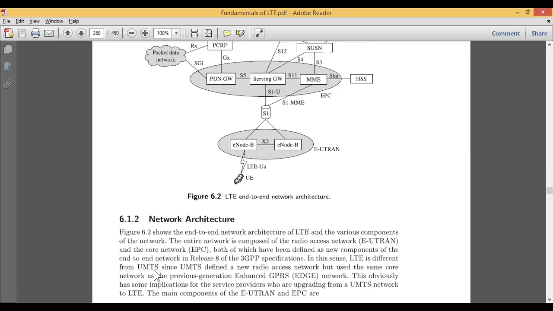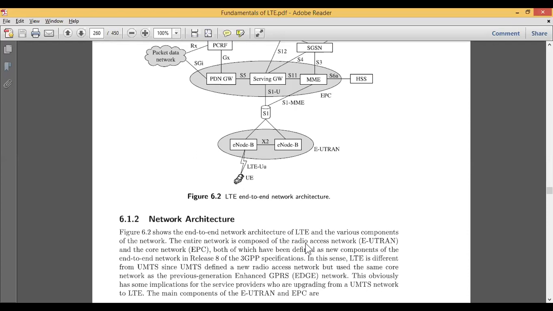That will define some kind of radio access networks, but the same thing cannot be used in the core networks. Just to enhance the network components so that their performance will increase and the quality of services can be improved in LTE as compared to 3G or 2G.